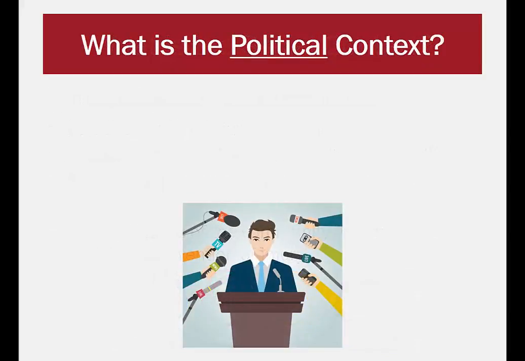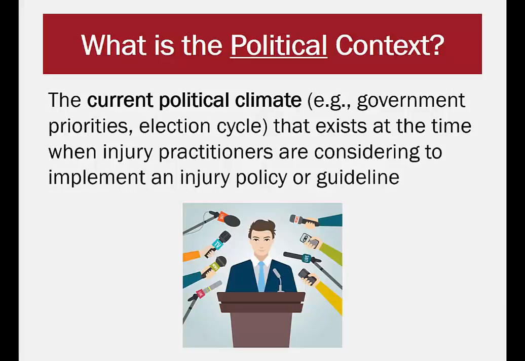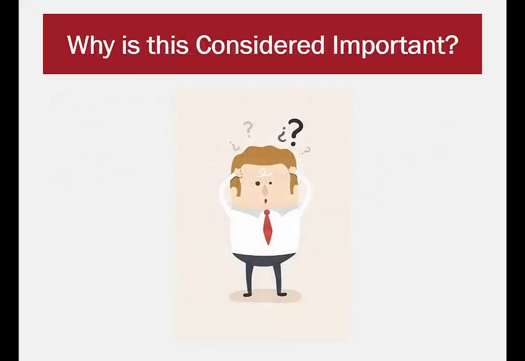The political context includes factors such as the current political climate, the government's current set of priorities, and whether or not we are in an election cycle. It is the sum of all political issues that exist at the time when injury practitioners are considering implementing an injury policy or guideline.